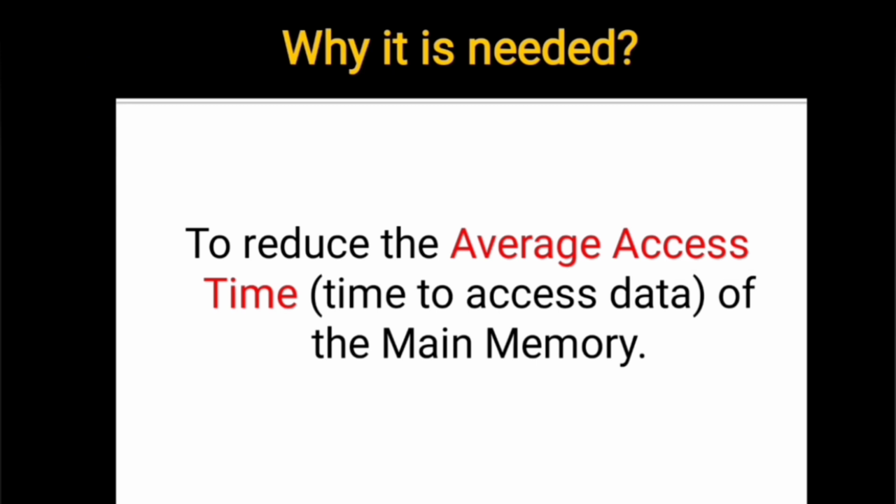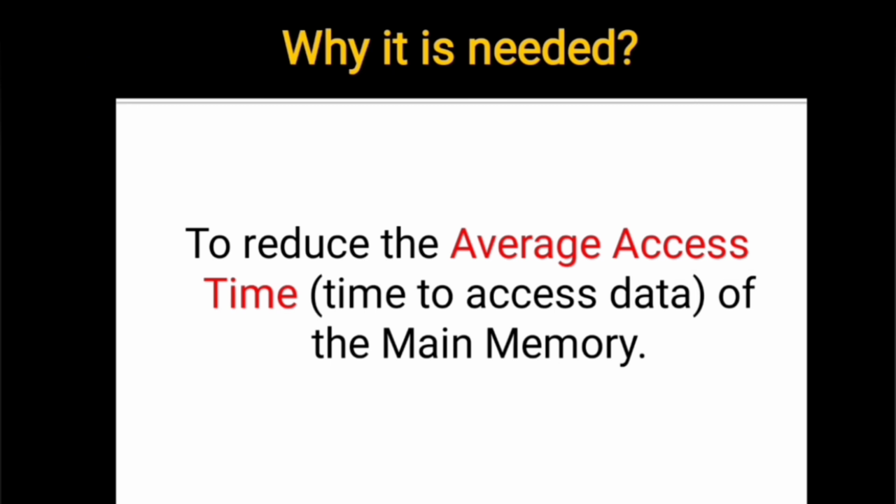So I asked you why this cache memory is used between the CPU and main memory. The answer is simply to reduce the average access time of the main memory. What do you understand by average access time? In simple words, access time is the time required by a processor to read a piece of information or data from the memory.